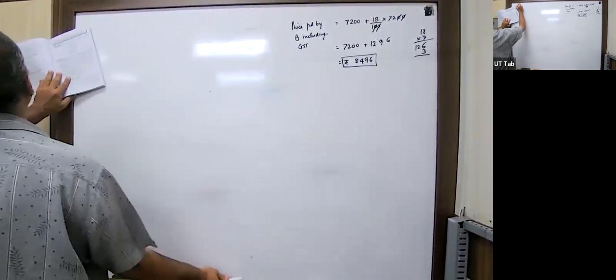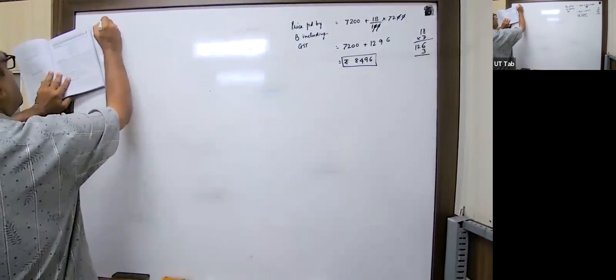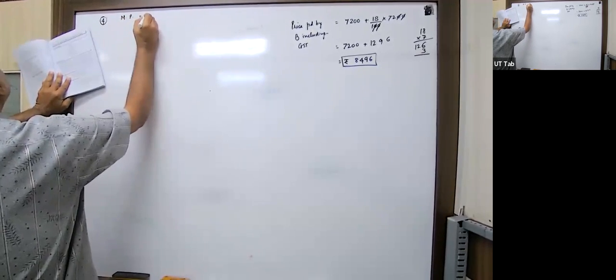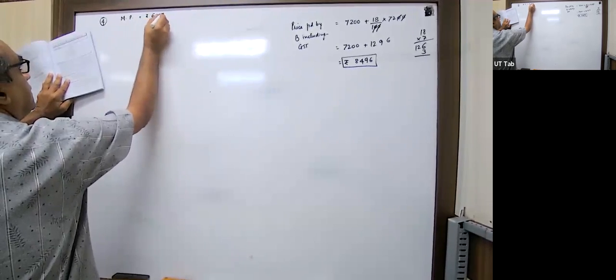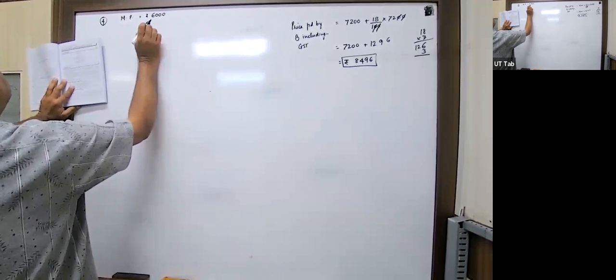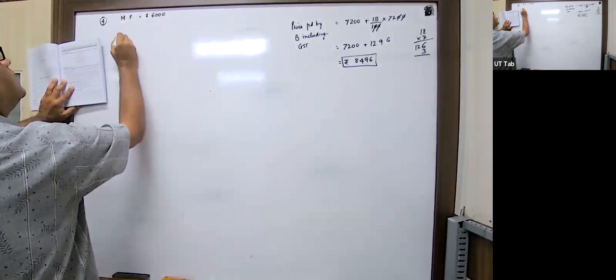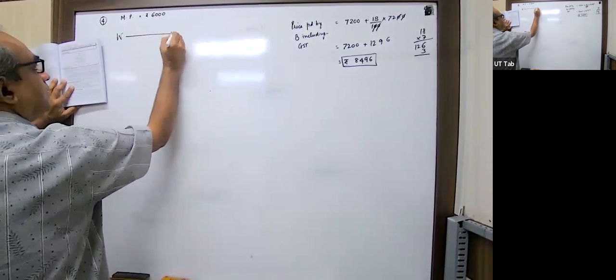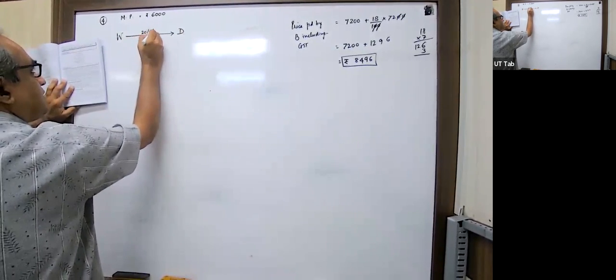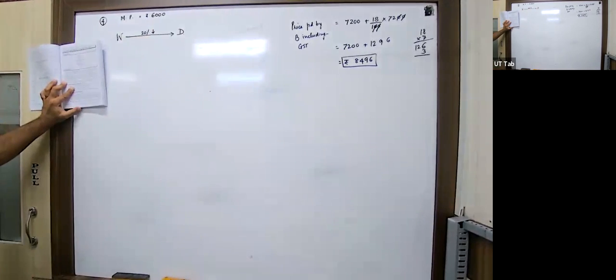The mark price of an article is rupees 6,000. Okay? A dealer, wholesaler sells it to the dealer at 20% discount to the mark price.